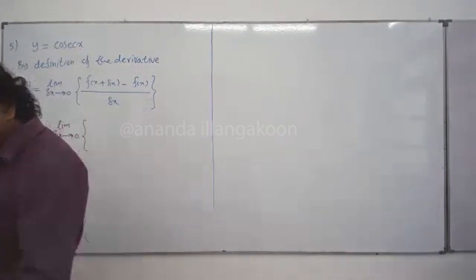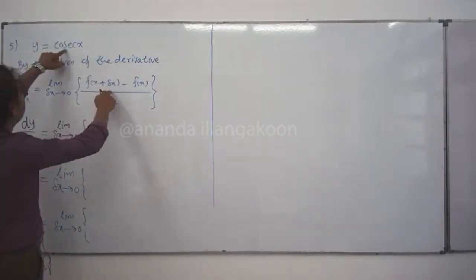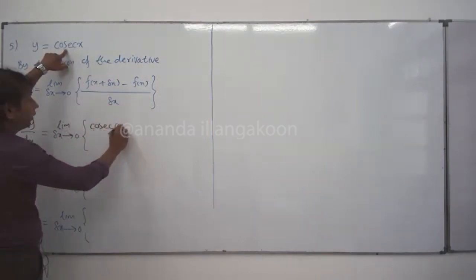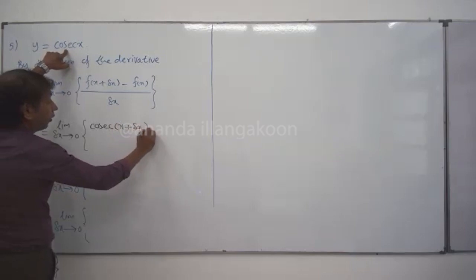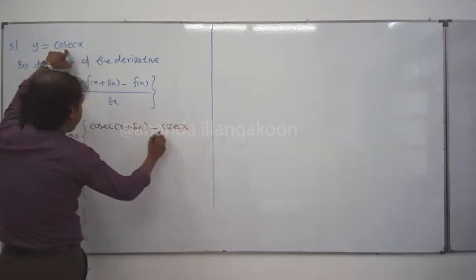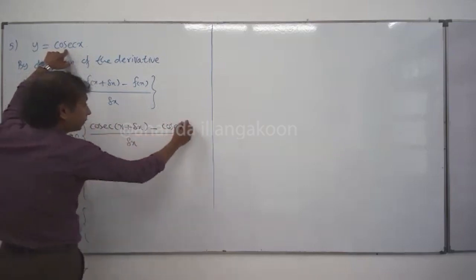Right, now here f(x plus delta x) means, people, this cosec(x plus delta x), minus f(x) is cosec x, divided by delta x.